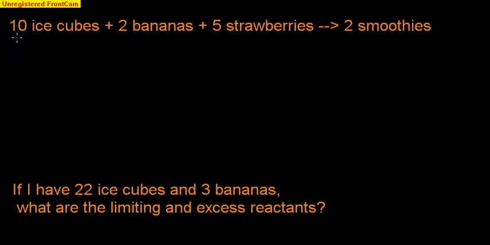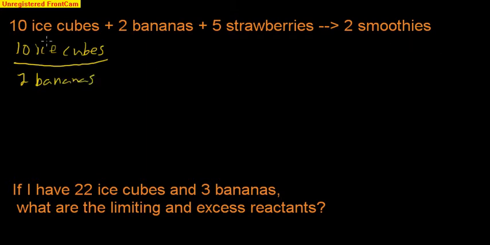From our recipe, we know that 10 ice cubes will mix with 2 bananas in order to make our 2 smoothies. So the ratio here is 10 ice cubes to 2 bananas.